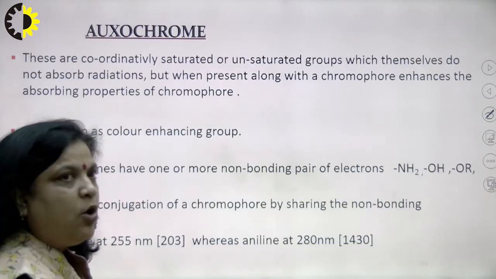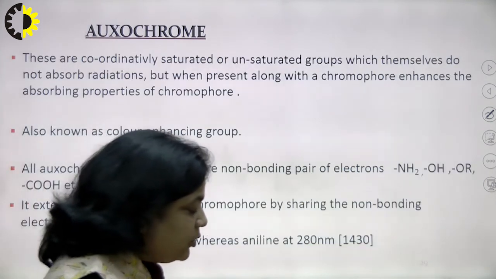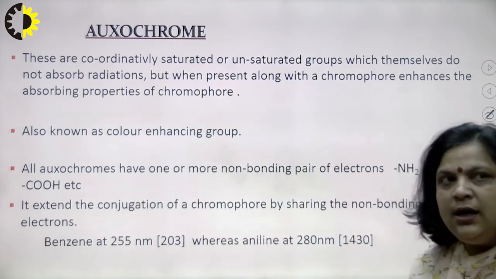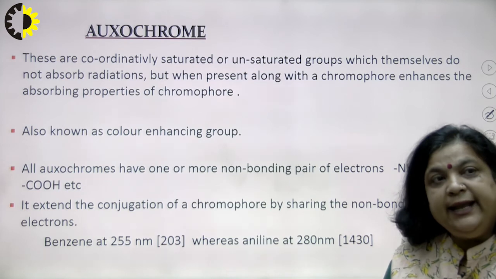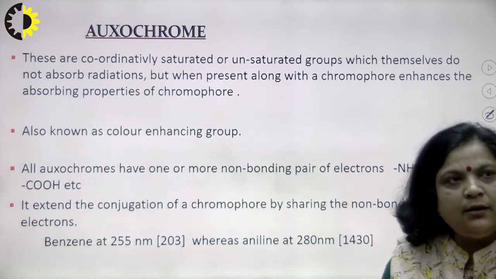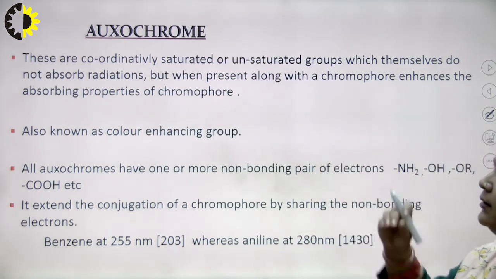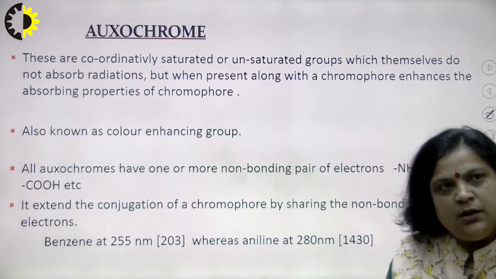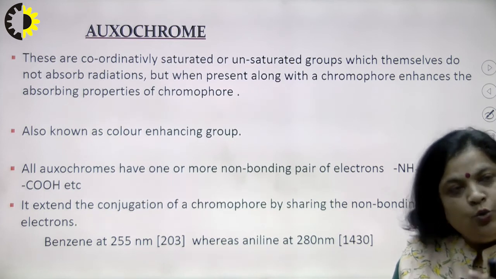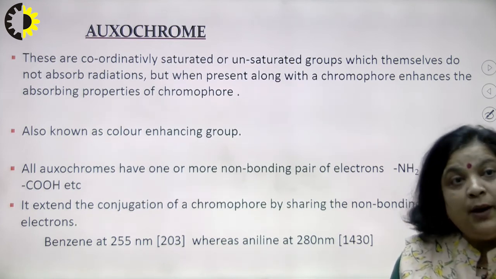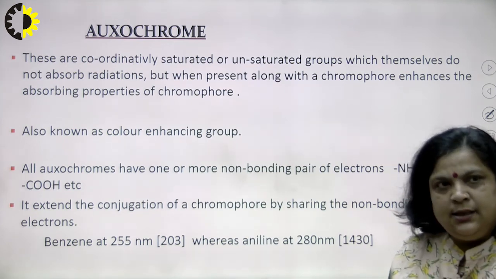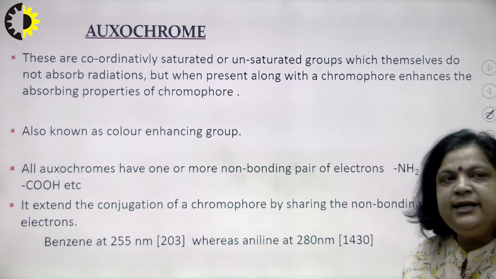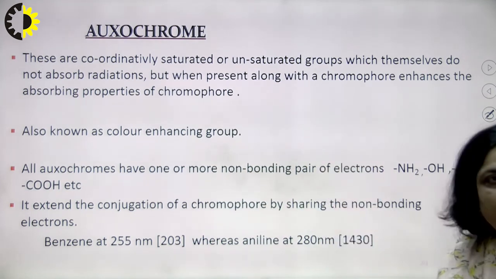Now, next is auxochrome. Auxochrome is totally different. They are not color developing groups, but they increase the intensity of color. They are saturated or unsaturated groups which themselves do not absorb radiation and do not show absorption maxima, but whose presence shifts the absorption maxima or enhances the intensity or absorbing property of the chromophore.